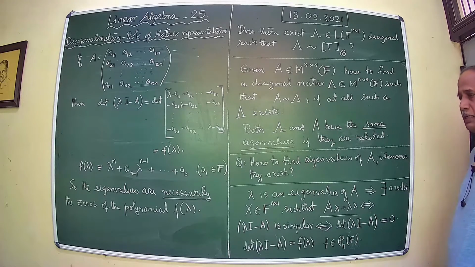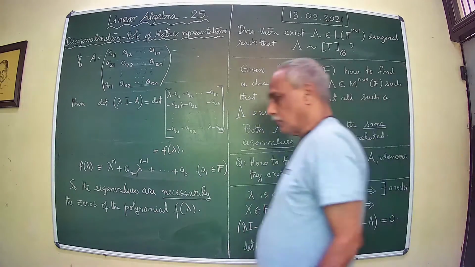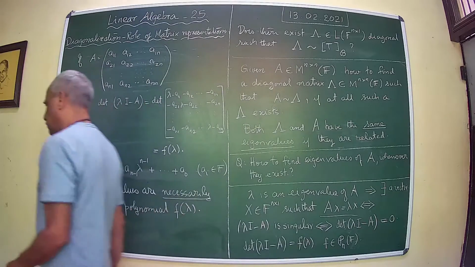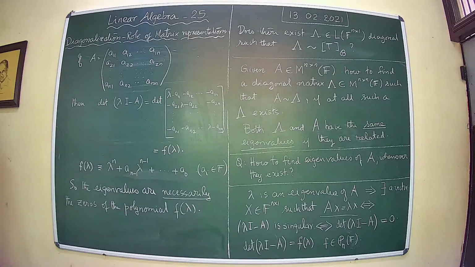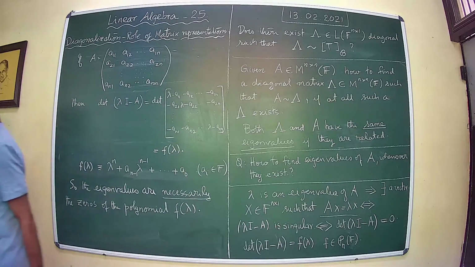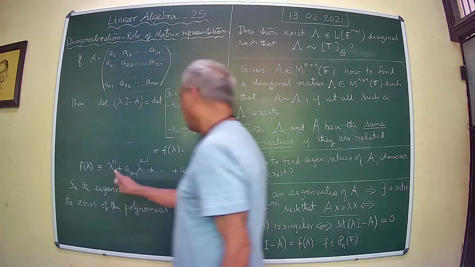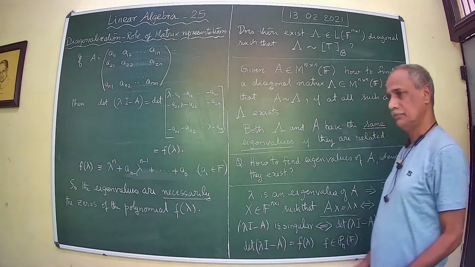So what we do is we compute the eigenvalues by finding out the zeros of this polynomial. Okay.